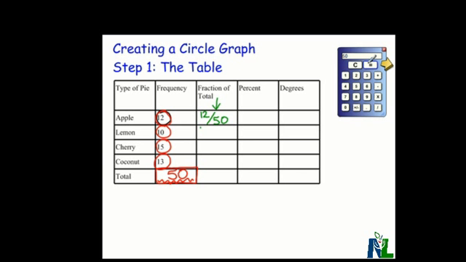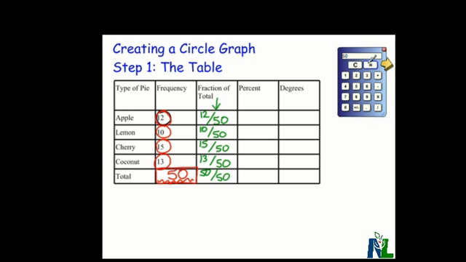Then we'll do lemon, 10 over 50, 15 over 50 for cherry, and 13 over 50 for coconut. The total of the fraction is not really important for us to do. However, if you did look at the numerators, they add up to be 50. And it's 50 out of the total 50 number of people surveyed. So we've got everybody included, which is good.